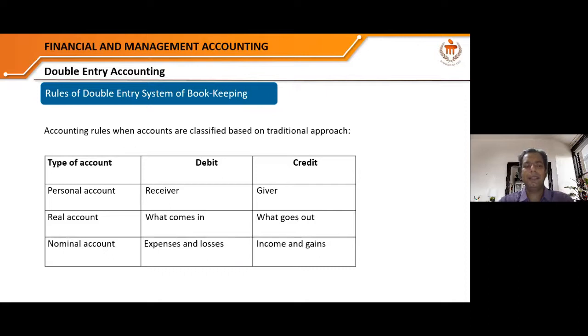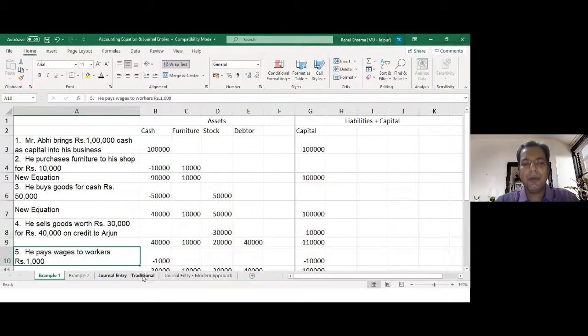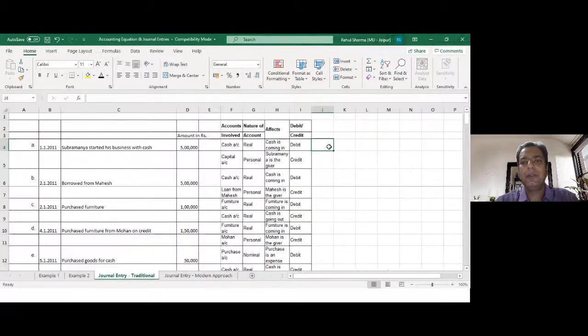When we move to the question, we do it in the traditional way, and we'll try to understand these concepts that way. The application part, or how to fill in the amounts, we'll understand later on, not a problem.